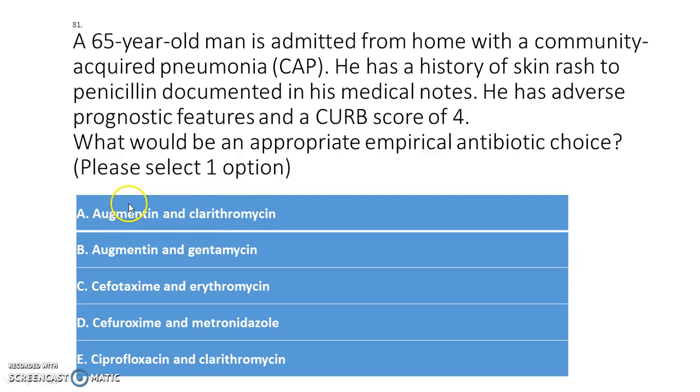You give augmentin plus clarithromycin for this gentleman, or you need to give augmentin and gentamicin, or you give cefotaxime and erythromycin, or you need to give him ciprofloxacin and metronidazole to cover anaerobes, or you can just give him a fluoroquinolone, ciprofloxacin plus erythromycin. Which one would be an appropriate combination?